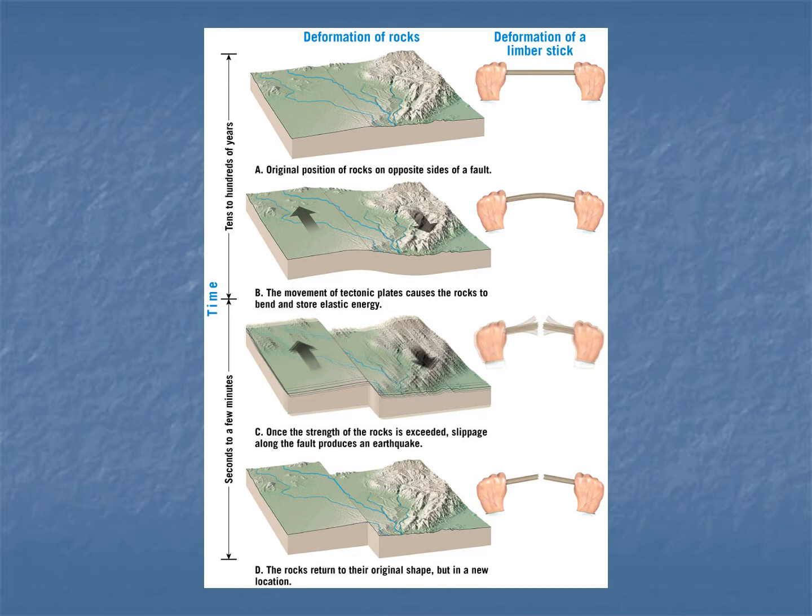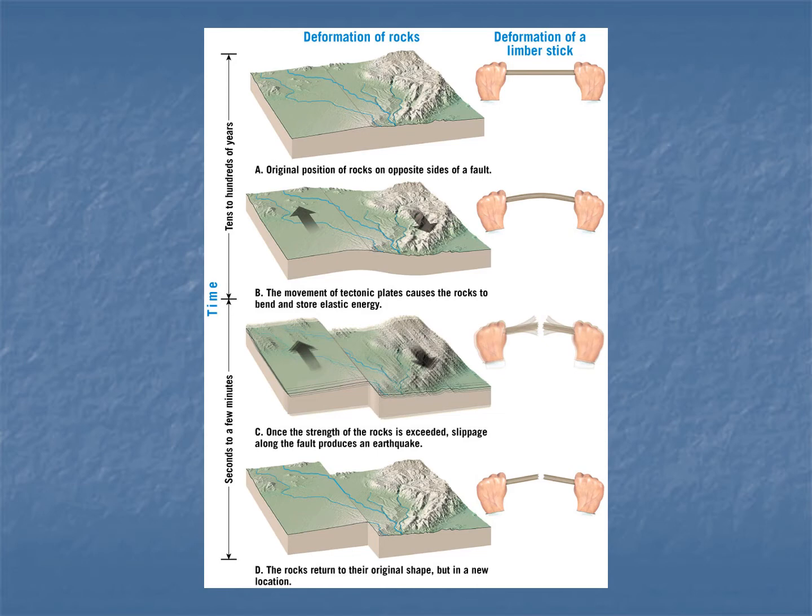So we see this in the set of drawings on the right. You take your stick or pencil, whatever you're going to use, maybe a yardstick, and you start to apply your stresses, and you're able to bend it. It hasn't broken yet, but if you keep on bending and you keep on applying those stresses, you will overcome the strength of that pencil, and then you will break it. And if you have a sophisticated video camera that's going to capture all this motion, and you then could replay it in slow motion, you would see that third image down there.